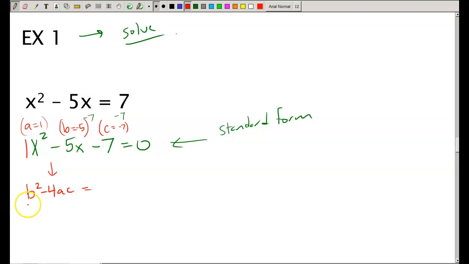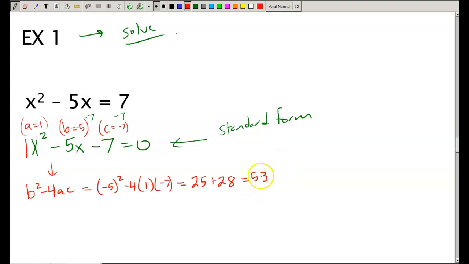So if we calculate the discriminant, we're going to get negative 5 squared minus 4 times a, and c is negative 7. So this will become 25 plus 28, which means we're going to have 53.